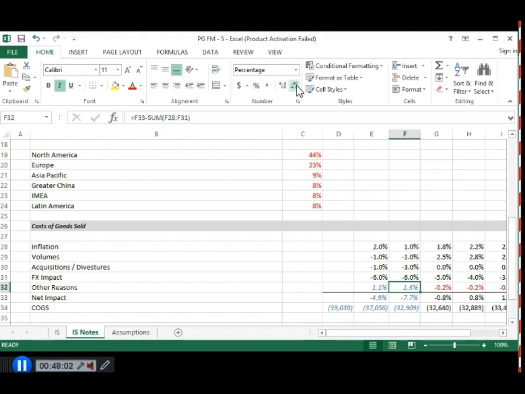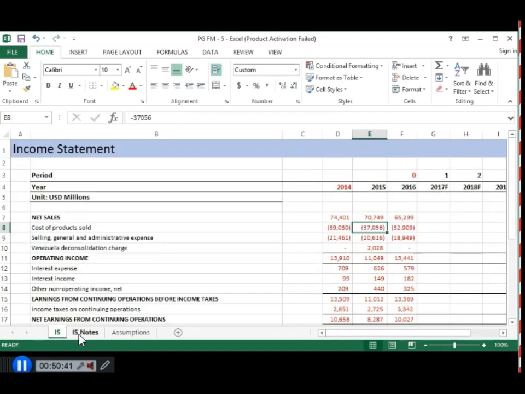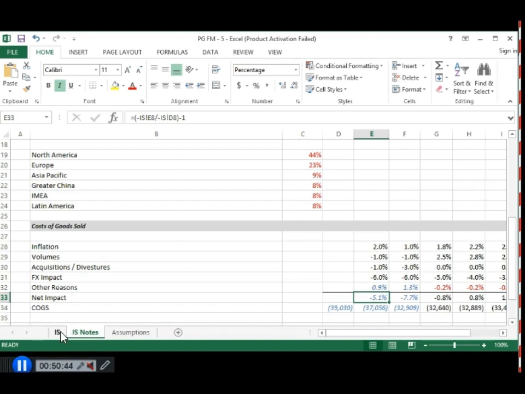Costs of goods, right? So cost reduced in this year by 5.1%, and in this year then it reduced by 11.2%.